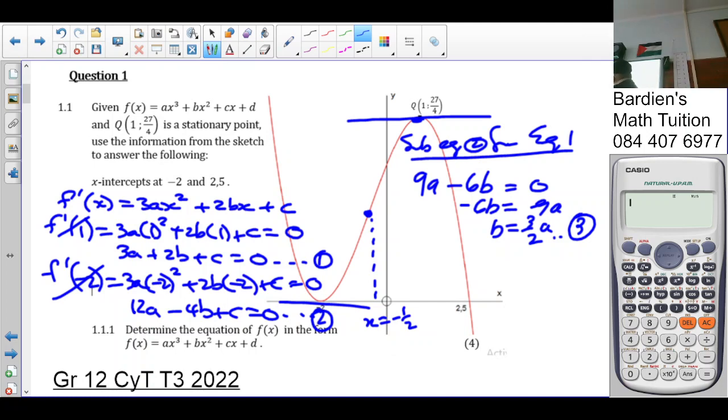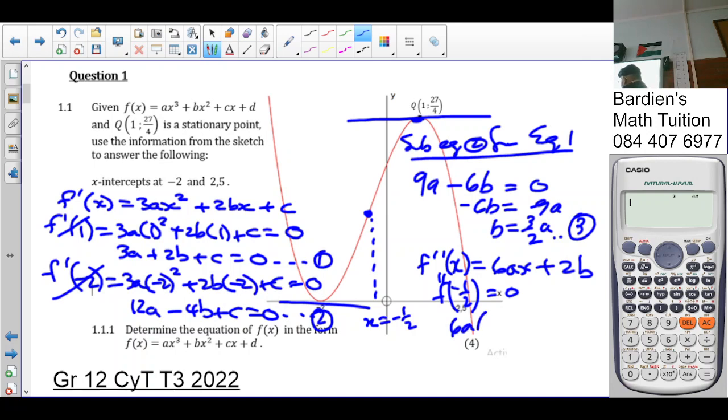So then I must work out my second derivative. The first derivative is worked out, so the second derivative is going to be 6ax plus 2b. And at negative half, the second derivative is equal to 0.